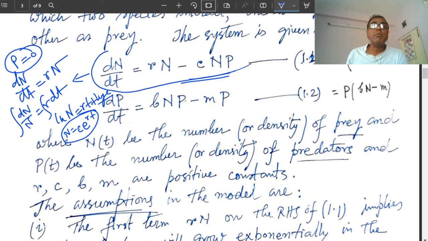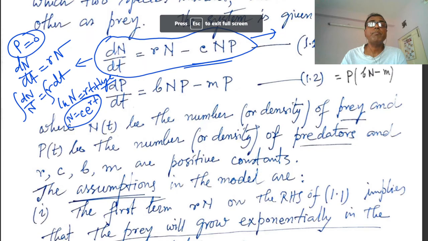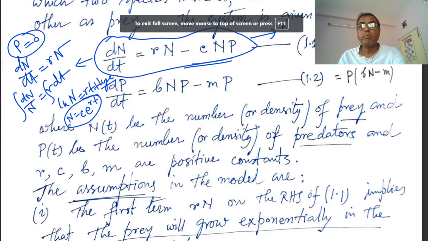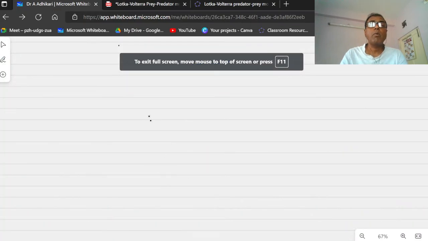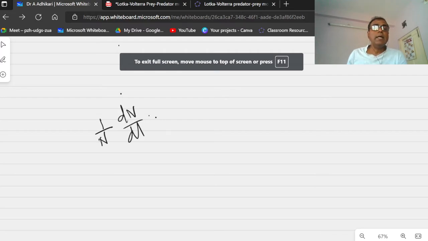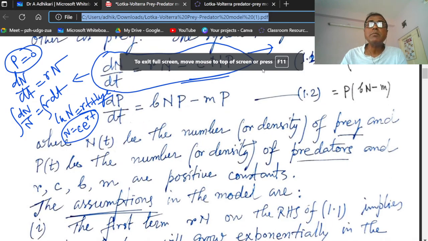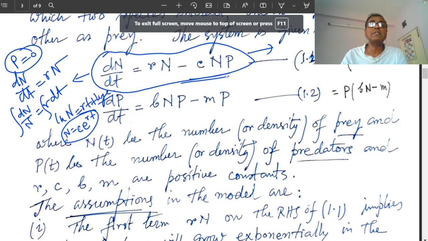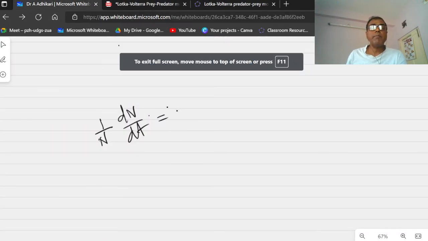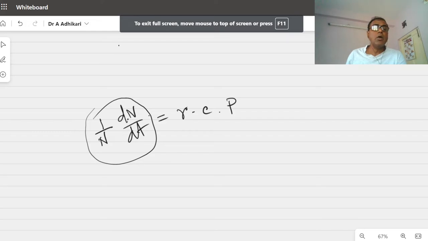So from the first equation, (1/N) dN/dt equals r minus CP, that is r minus C into P. So this is the per capita growth rate of the prey.